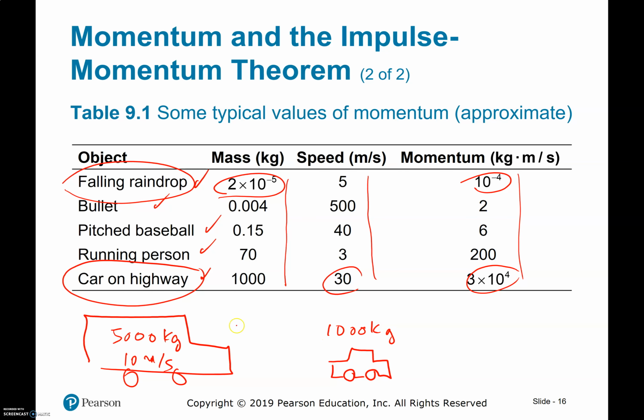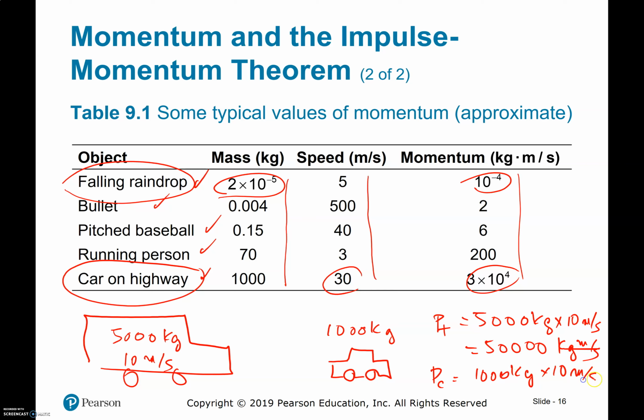So this truck has a momentum P truck, which is equal to 5,000 kilograms times 10 meters per second. That is equal to 50,000 kilogram meters per second. The car has a P car, which is 1,000 kilograms times 10 meters per second.